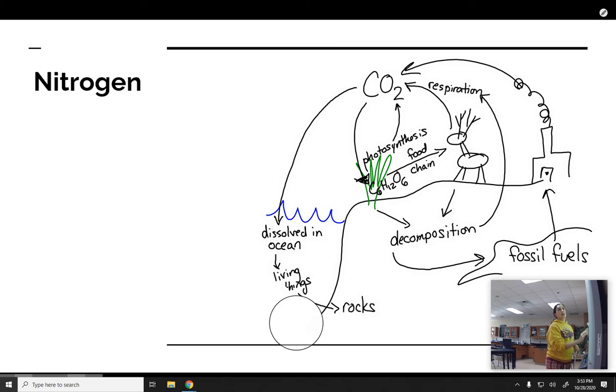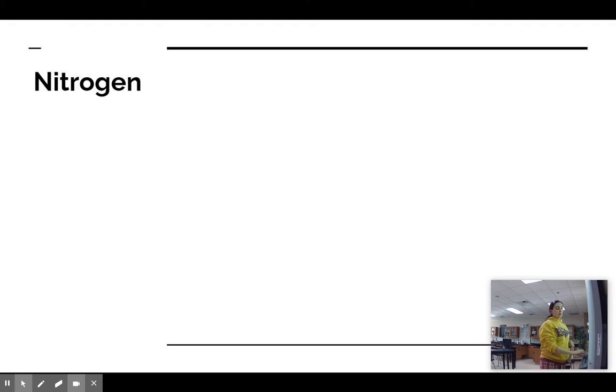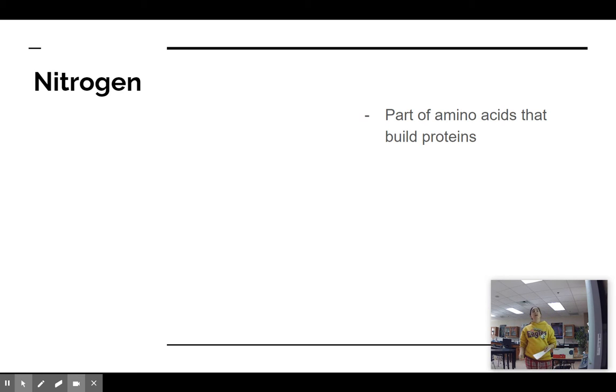Next, we're going to move on to the nitrogen cycle, which is the one that you looked at yesterday in a fish tank. And kind of looked at how that works in that little mini ecosystem. So first of all, if you remember our cho-cho-chan-chump, the two types of organic molecules that contain nitrogen are proteins and nucleic acids.